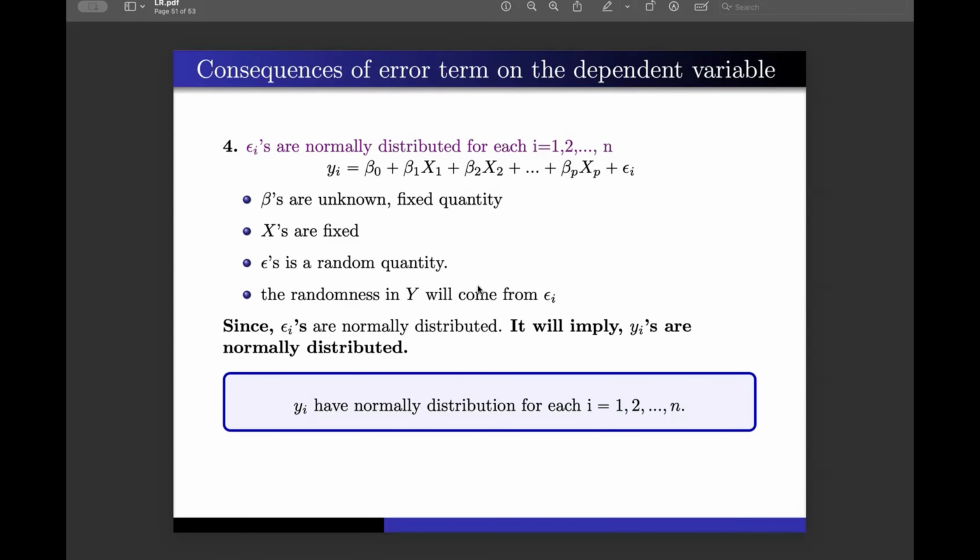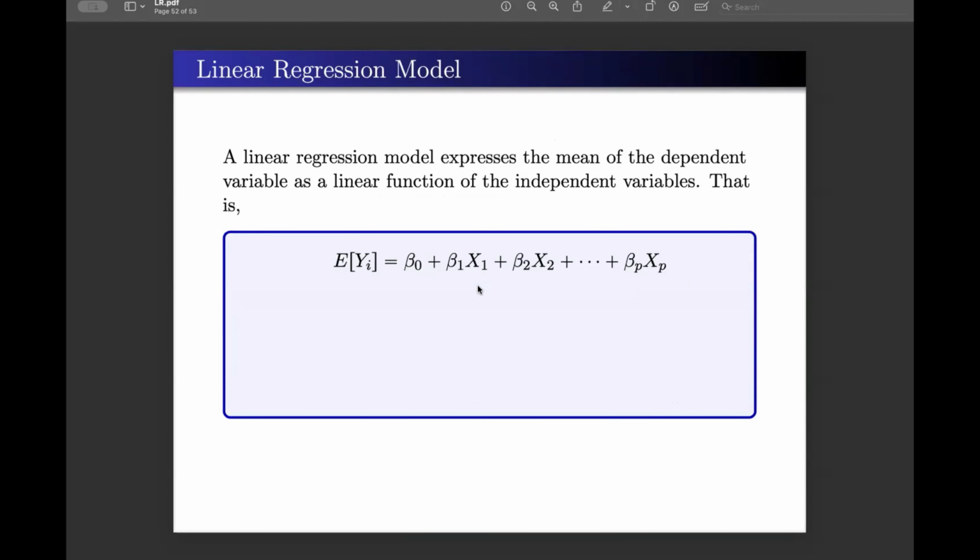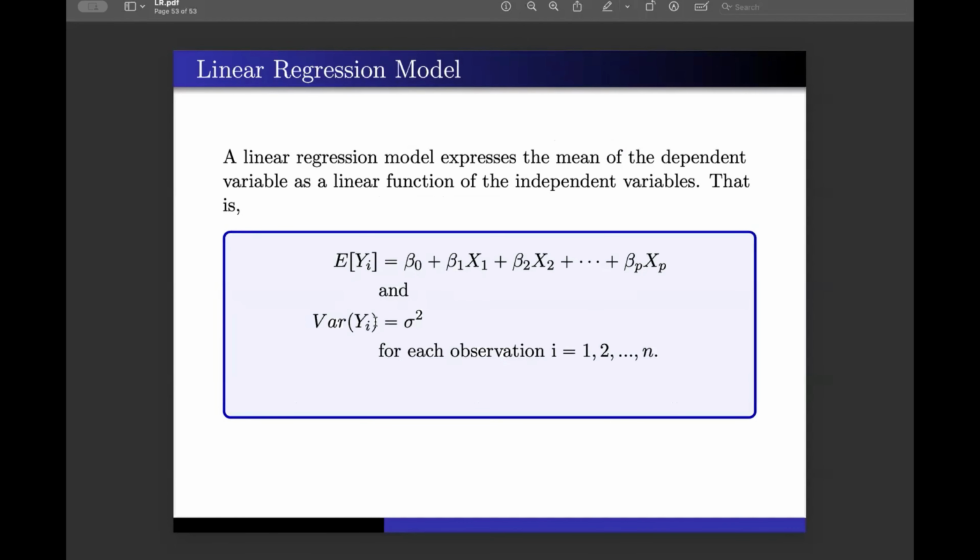But wait, we are talking about the linear regression model in this video. What is a linear regression model? A linear regression model expresses the mean of the dependent variable as a linear function of the independent variables. That is, E of yi is expressed as a function of only independent variables, and the variance of yi is the same across each observation.